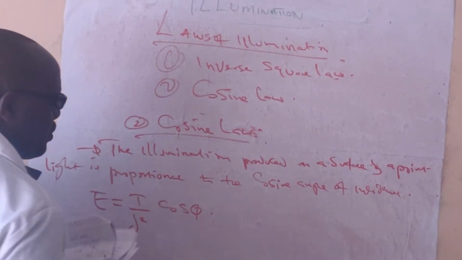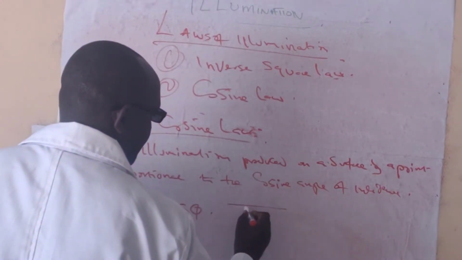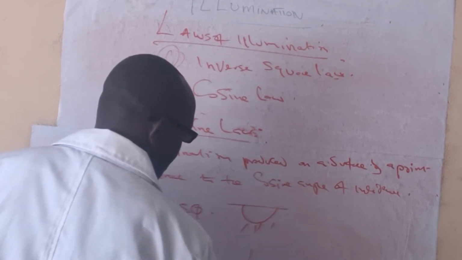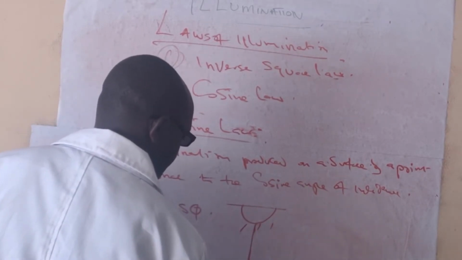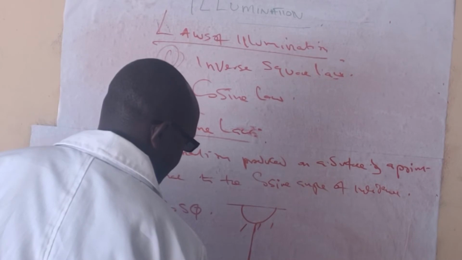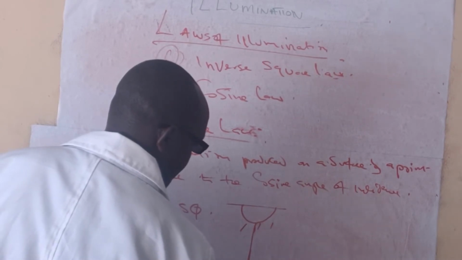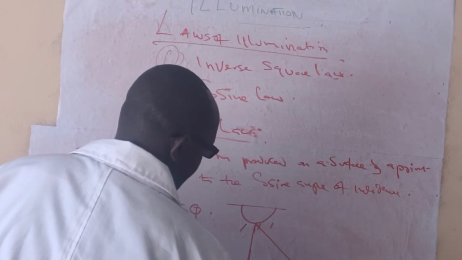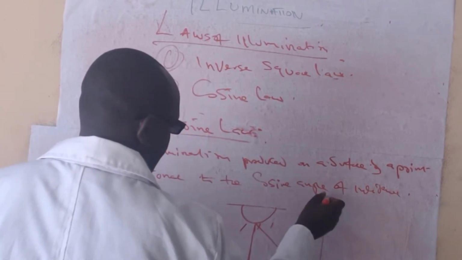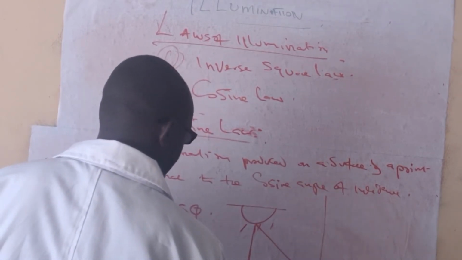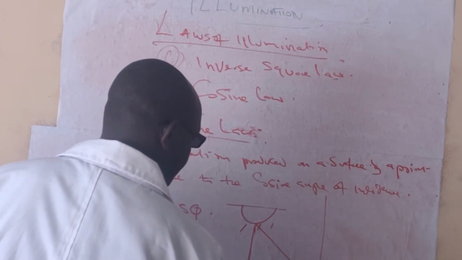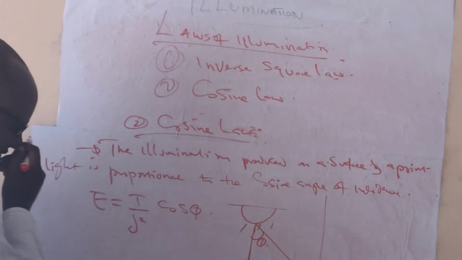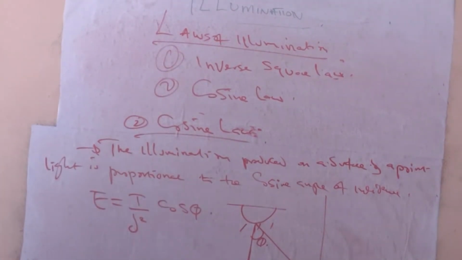For example, we have the light source here, and this is the working surface. Then this is the angle.